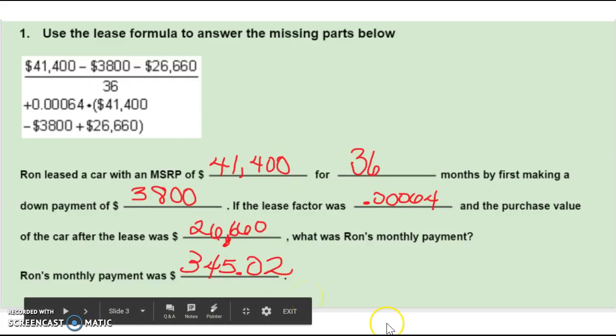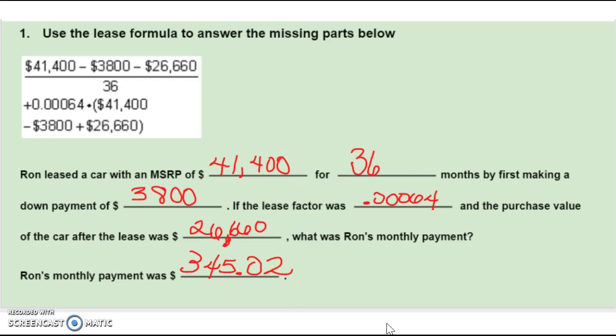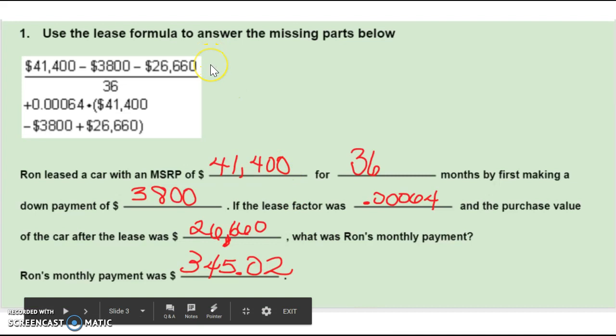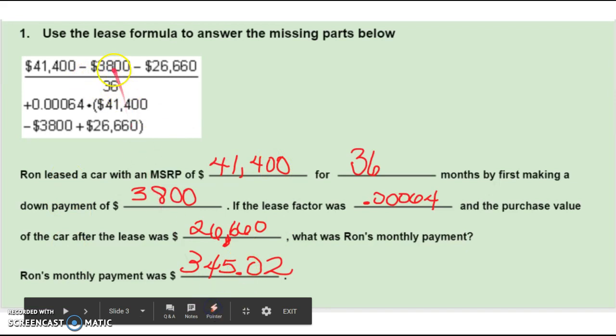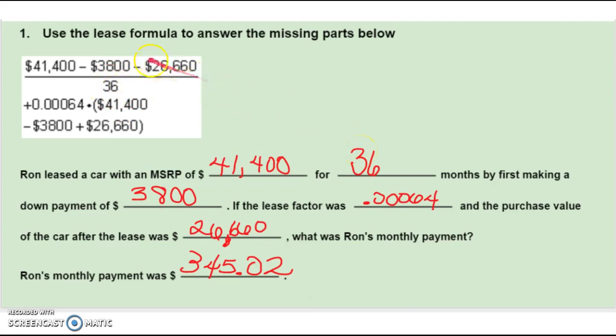Alright, so here are the homework answers for the homework from last night. This was question 1. This was the formula that we had for leasing, the monthly payments for leasing. 41,000, our first number here, was the MSRP or the sale price. 36 is the number of months.